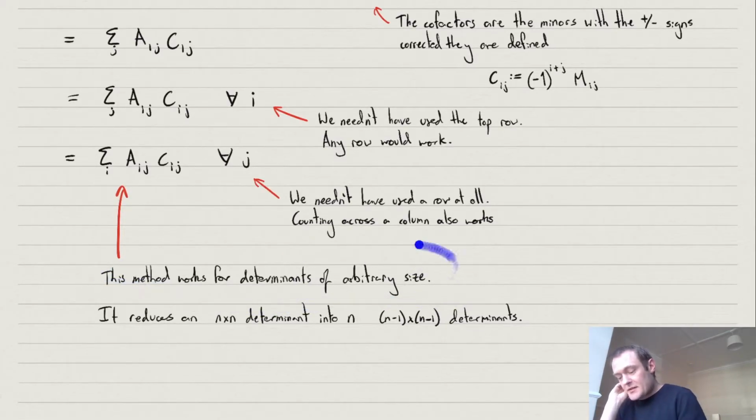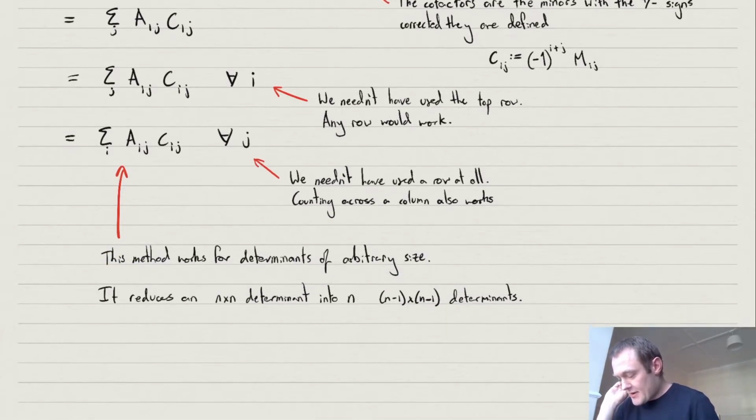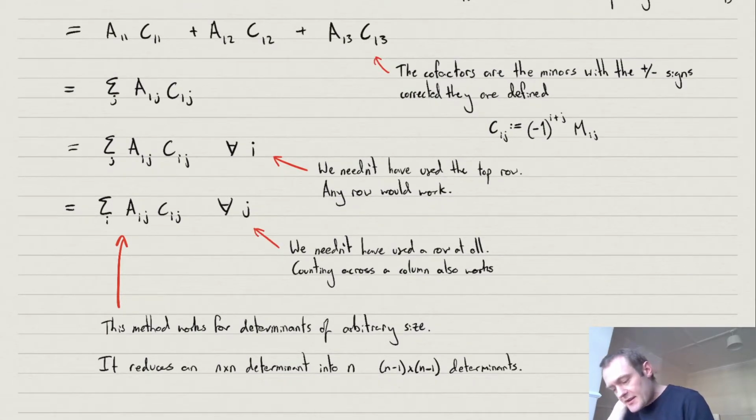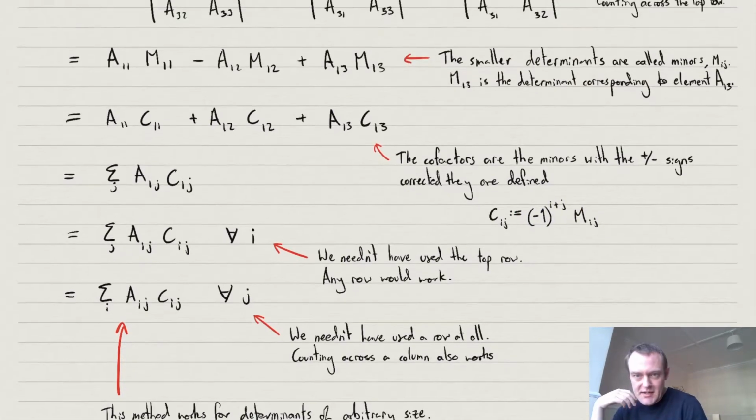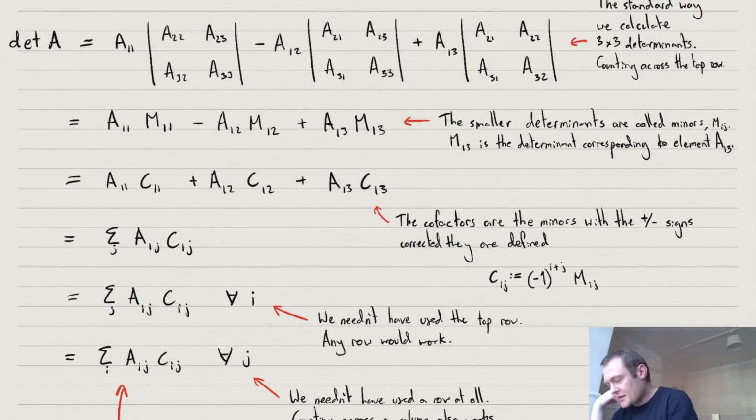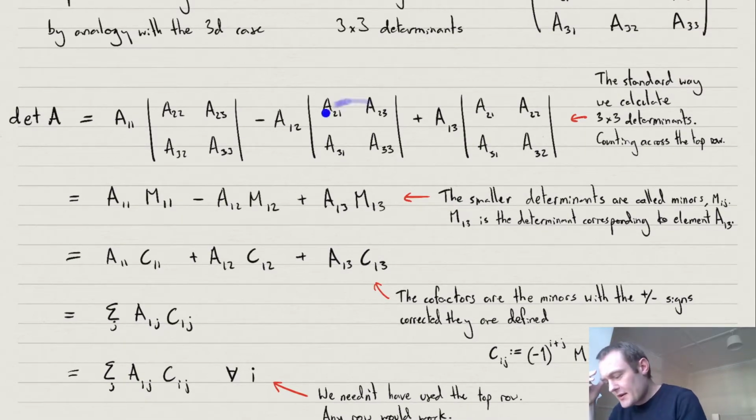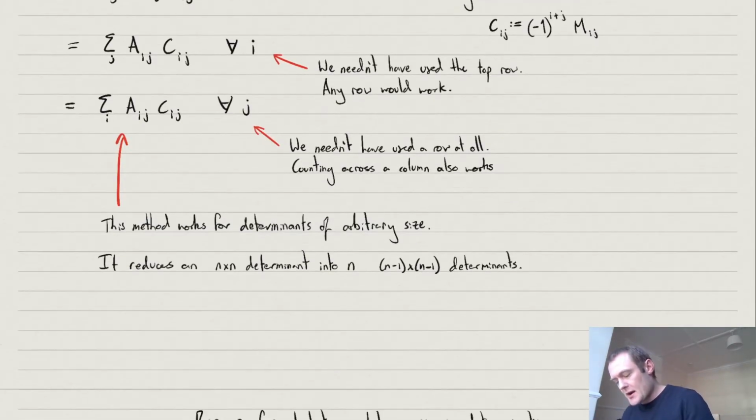So yes, this method does work for determinants of arbitrary size, and the C's, the cofactors, are really just the possibility of a minus sign multiplied by the minors, and the minors are really just determinants in their own right, but they're one dimension smaller. So this method reduces a 3D determinant into 2D determinants, but it would also work in higher dimensions.